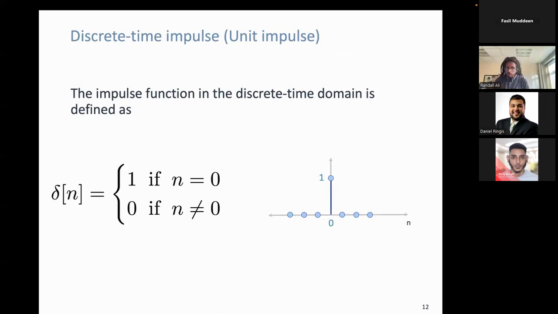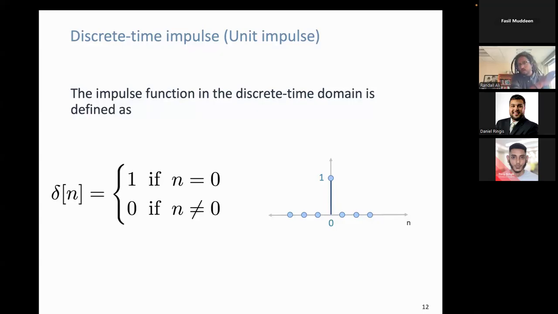So the unit impulse function looks as follows here. It's denoted by this symbol delta. Sometimes we in fact call it the discrete time unit impulse delta function. Only if n is equal to 0, I have a 1 here. And for all other values of n, where n is essentially a sample number, it is 0.